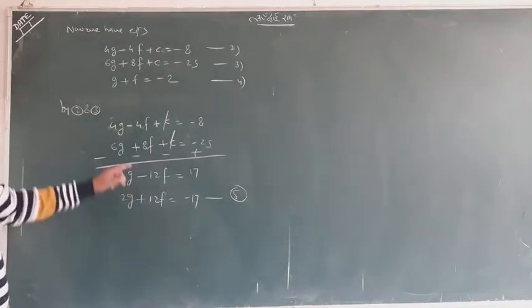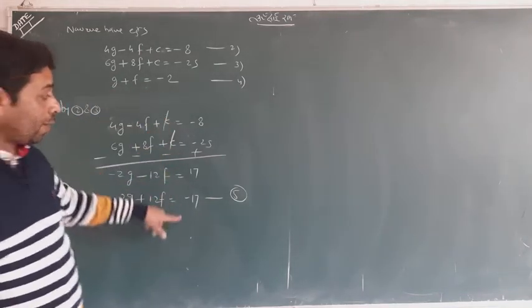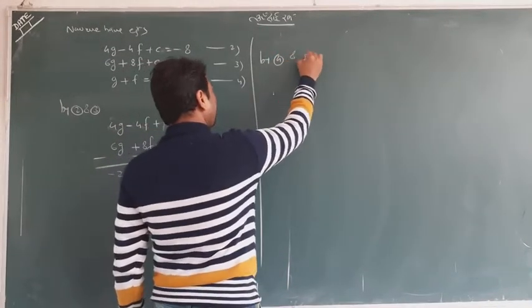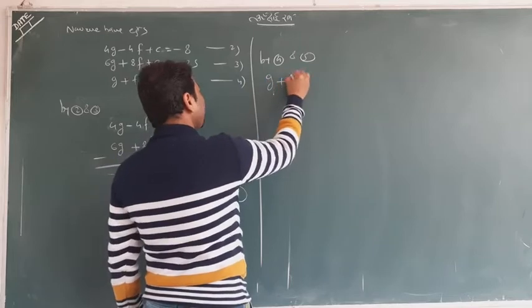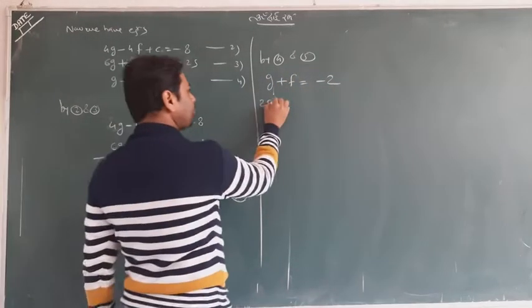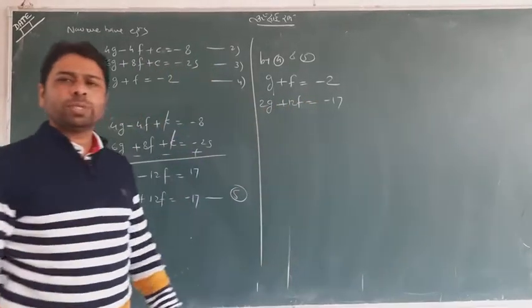Now you have got an equation in G and F, and this is also in G and F, so I'll now take 4 and 5 together: G plus F equal to minus 2, and 2G plus 12F equal to minus 17. Now you can use the elimination method.